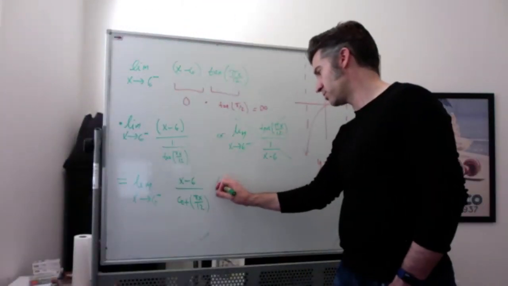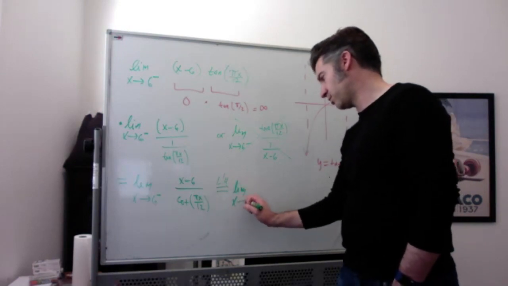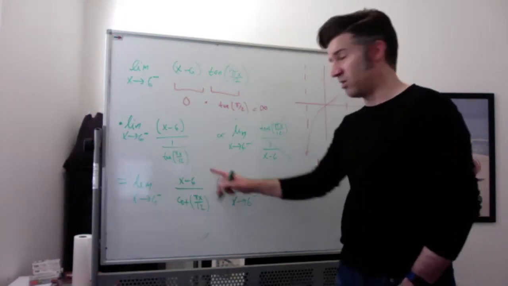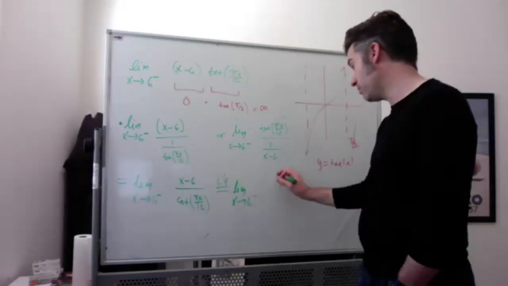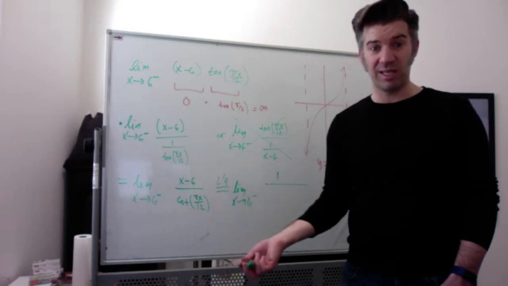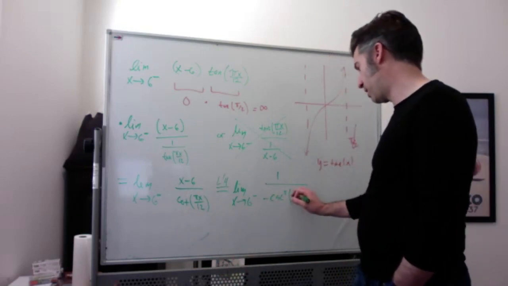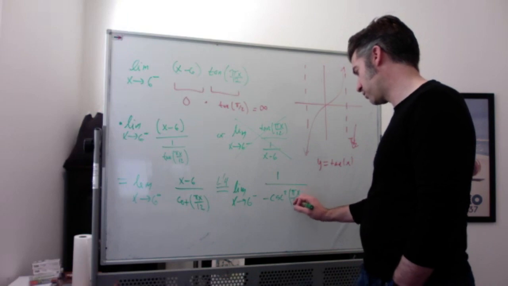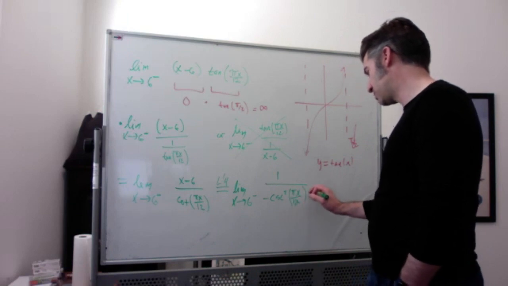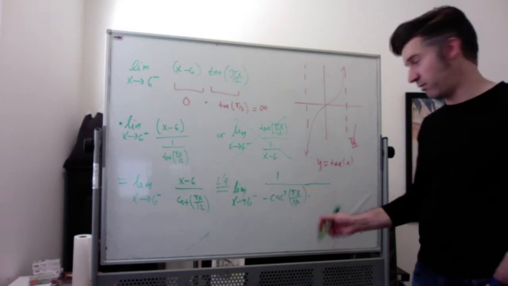Let's use L'Hopital's rule. The derivative of x minus 6 is just 1. And the derivative of cotangent of some stuff is negative cosecant squared of pi x over 12 times the derivative of that stuff. And the derivative of pi x over 12 is just pi over 12.